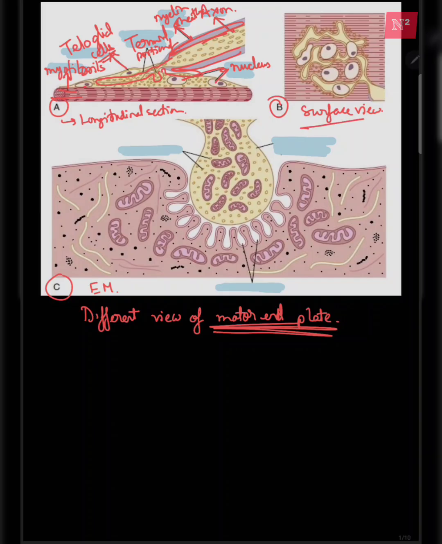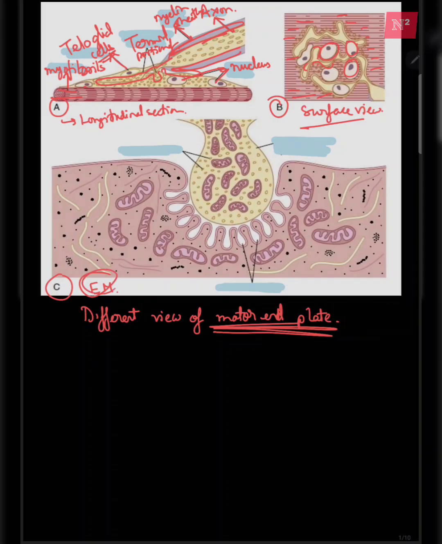B is showing you the surface view, in which this is the nucleus of the muscle, and these are the terminal portions of your nerve, and these are the muscle tissues or myofilaments.